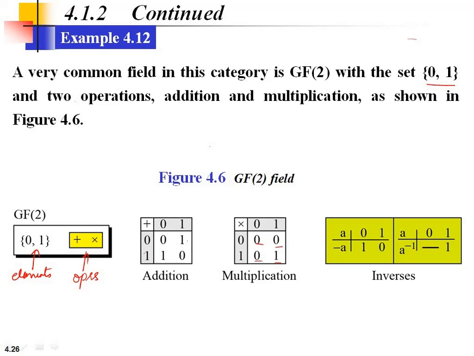For the multiplicative inverses, if the number is 0, then the inverse is undefined, and if the number is 1, then its multiplicative inverse is also 1. In this manner we can compute the operations, and we can also calculate the inverses for the finite field GF(2).